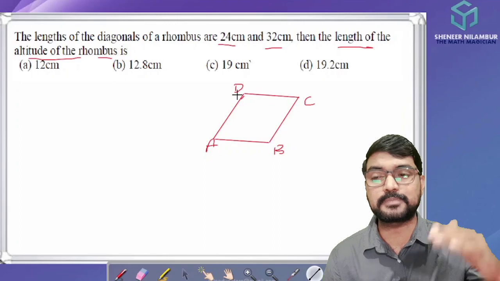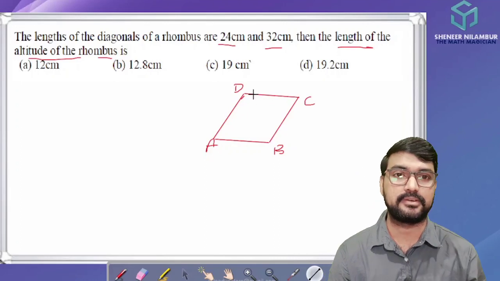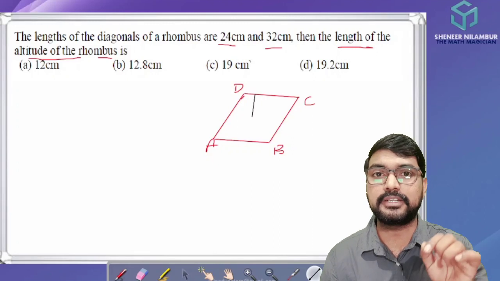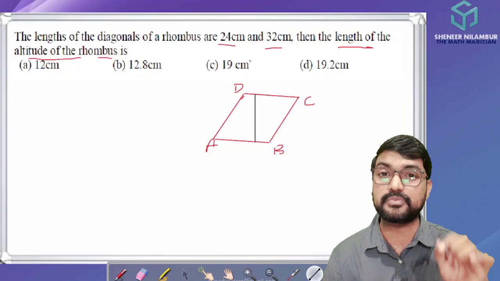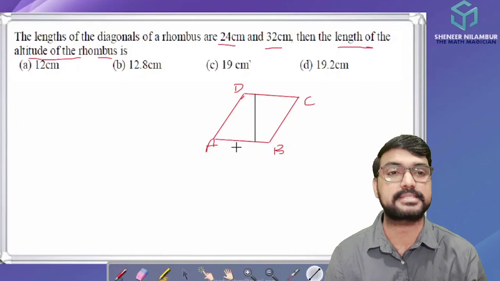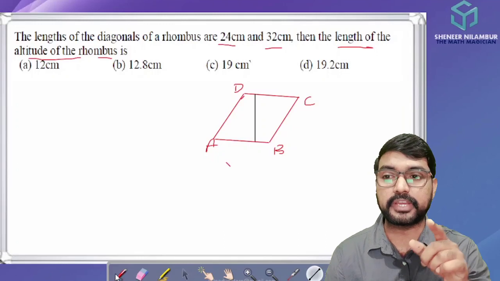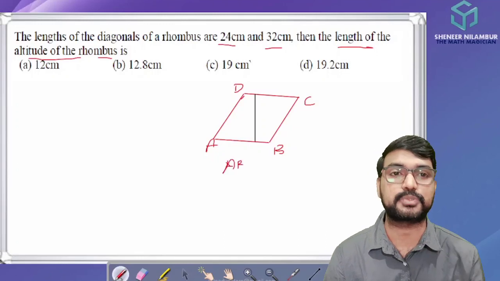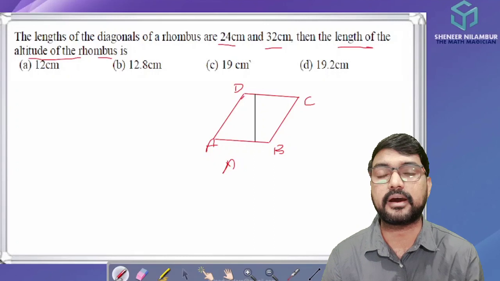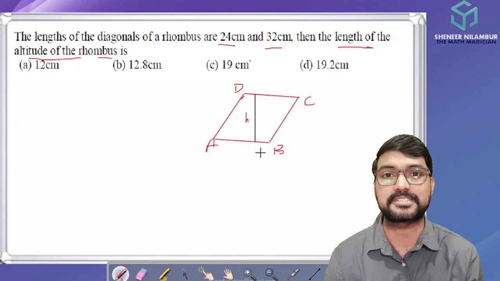The distance between CD and AB is the altitude of the rhombus. So, to get the altitude of any quadrilateral, first we have to select a base. Here we consider the base as AB, then the altitude we can mark as H. H is the altitude. So our duty is to find the length of the altitude, or height, of the rhombus.